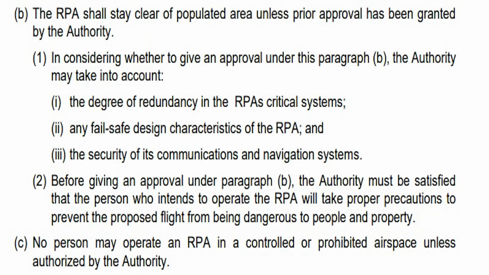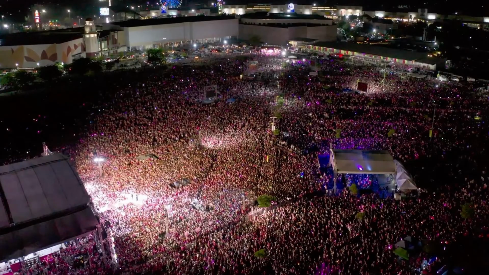So under the restricted area, there is another important thing that you have to maintain: do not fly over populous areas. This is clearly mentioned in the CAAP PICAR rule.